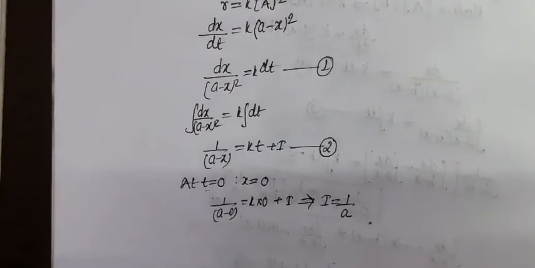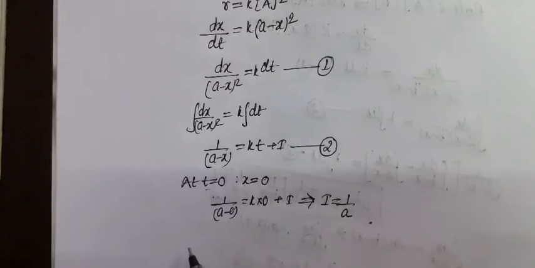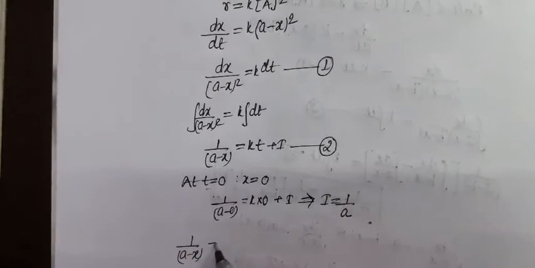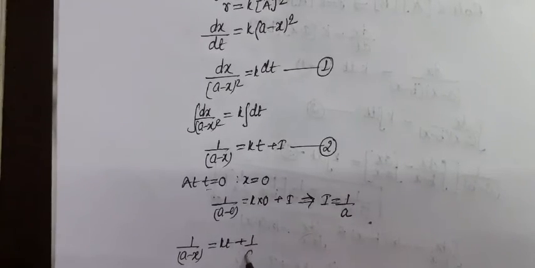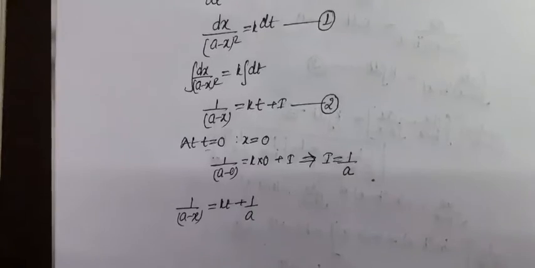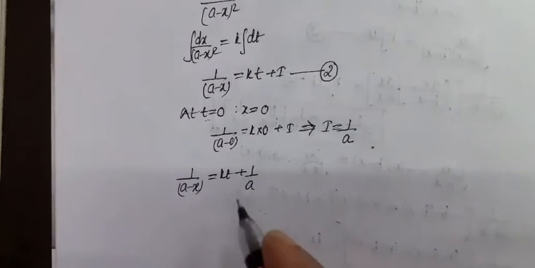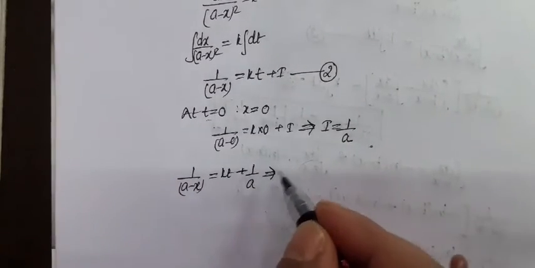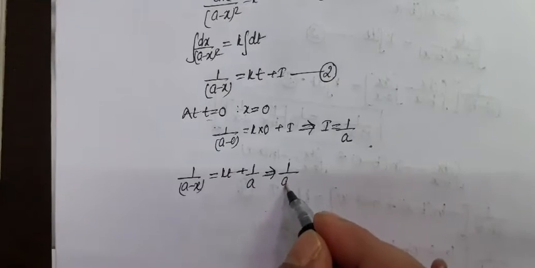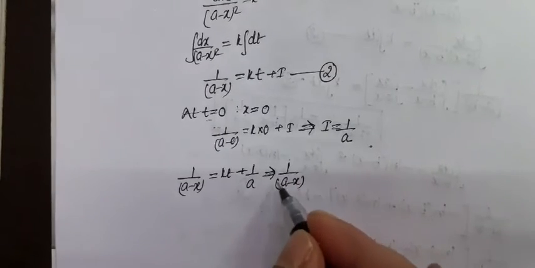Now putting the value of I in equation 2, we get 1 by a minus x equals Kt plus 1 by a.